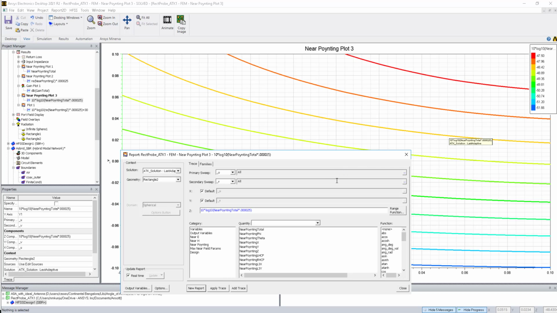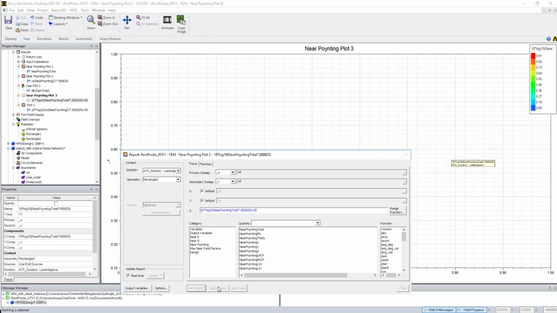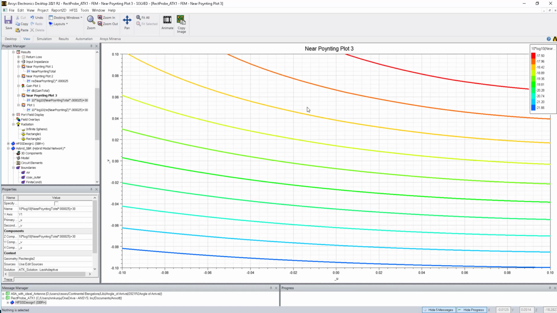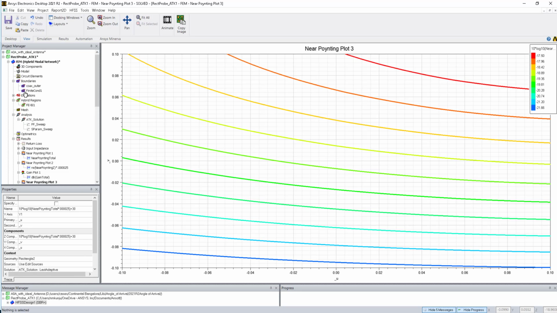So when we change the distance of the plane from 10 centimeters to 50 centimeters, you can see this power also reducing accordingly. Similarly, if you want to change to dBm, you can just add 30 more, and minus 17 dBm is the power coming at that particular point.